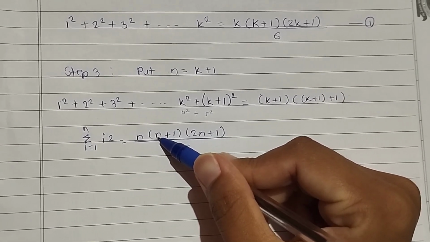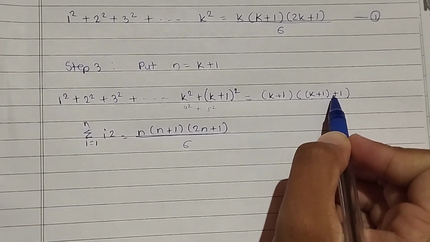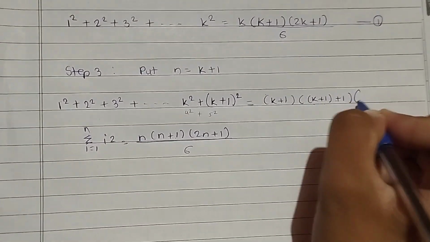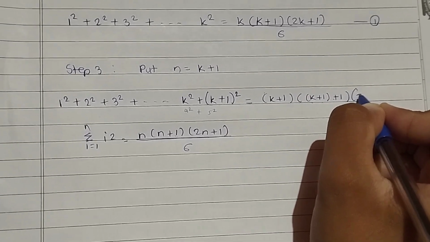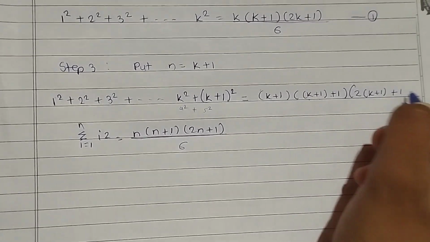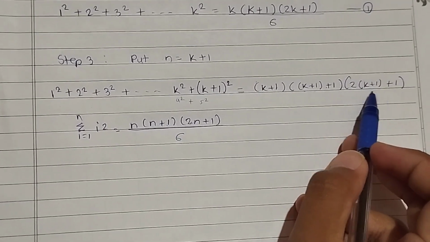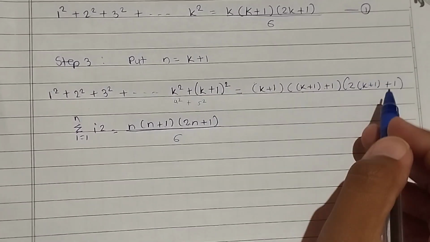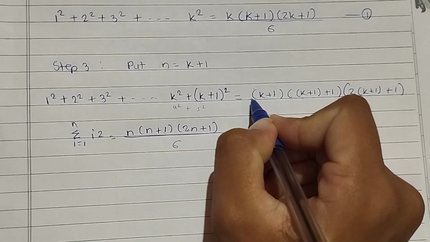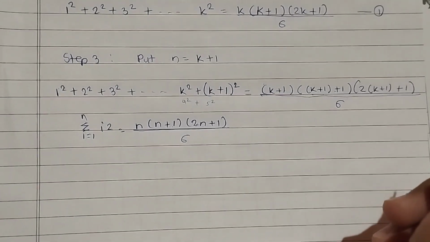So we put n is equal to k plus 1, and this plus 1 is here as it is, into 2 into (k plus 1) plus 1. This term 2n means 2(k plus 1), and this plus 1 we write as it is, divided by 6.